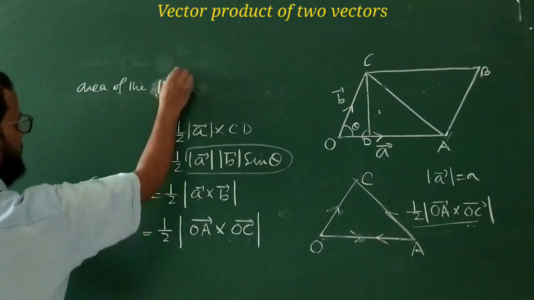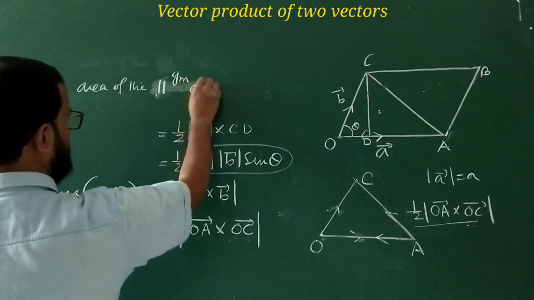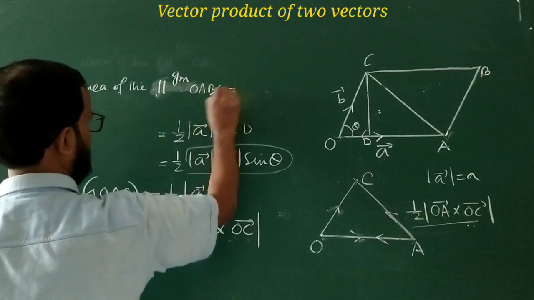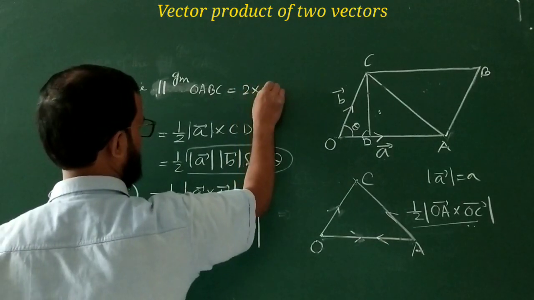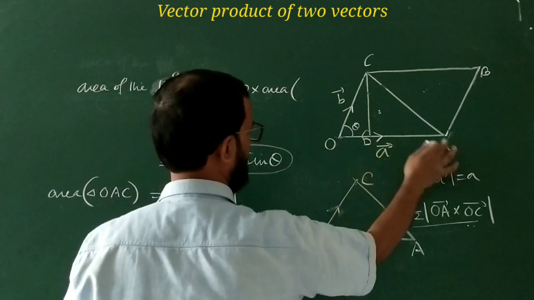In short, the area of the parallelogram OABC is equal to 2 into the area of the triangle OAC.